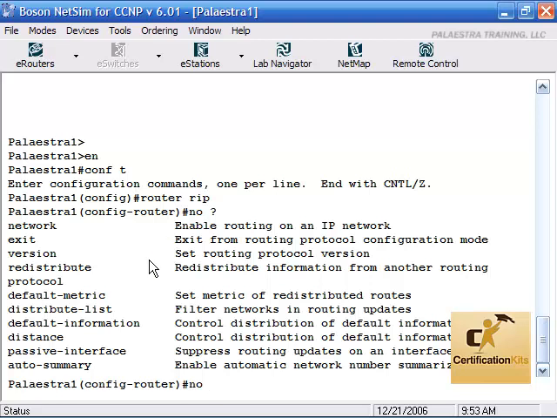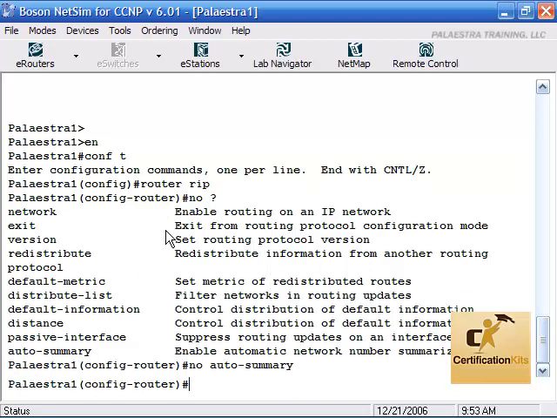It's no, and this is the one down here, auto-summary. So no auto-summary turns it off, and now RIP will send the mask information along with the update, so I could send information about the subnet instead of just the entire 10 network. Same thing, same command with EIGRP. I just go router eigrp with the autonomous system number and go no auto-summary. It disables it at the network boundary.